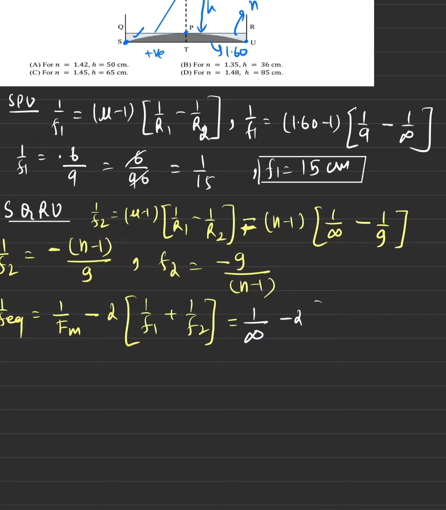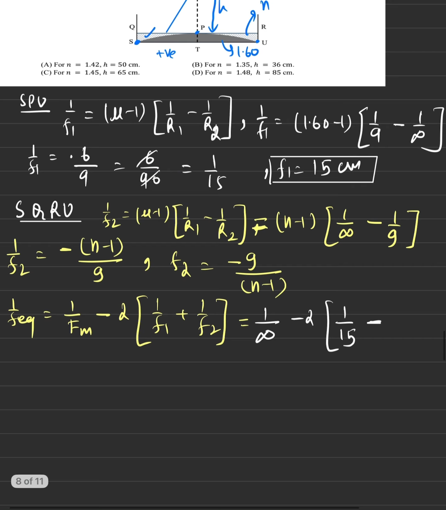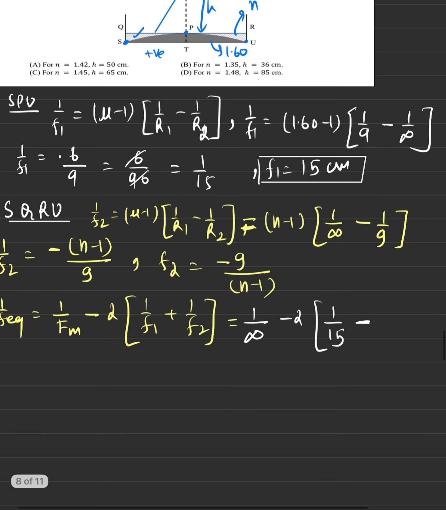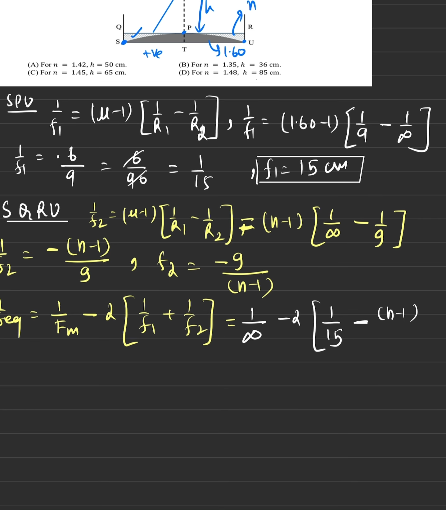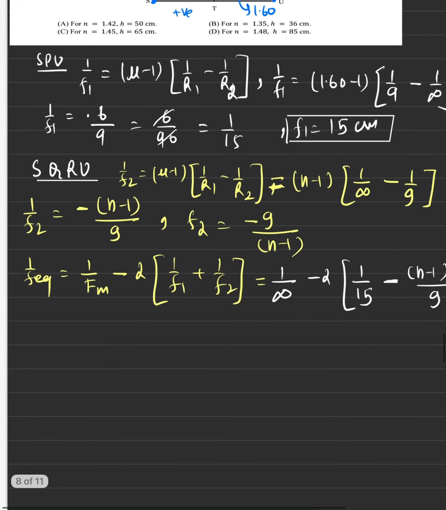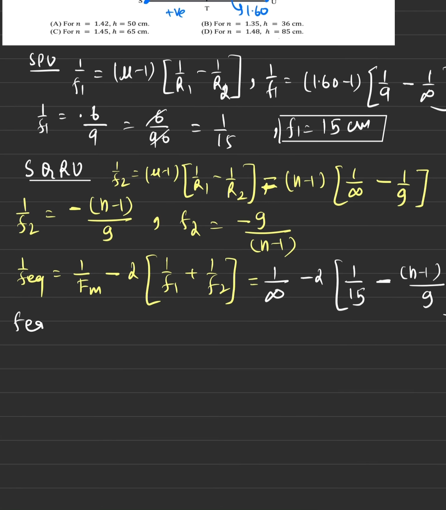Minus 2, if we put the value of f1, it becomes 1 by 15, and the value of 1 by f2 we can write as (N minus 1) divided by 9. After solving, we get the value of 1 by f equivalent.